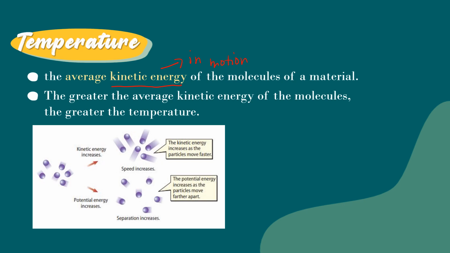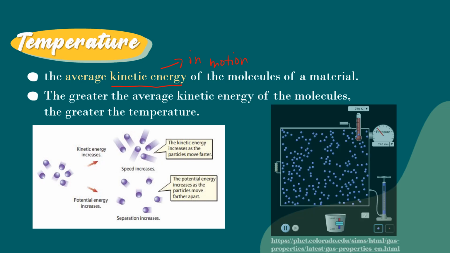It has been found that the greater the kinetic energy of the molecules, which means the more rapid is the motion of the particles, considering also the collision, the greater is the temperature, as shown in this figure. Why? Because as the particles move or vibrate, they collide with other particles, and collision produces heat. That in turn creates the temperature that we can feel.